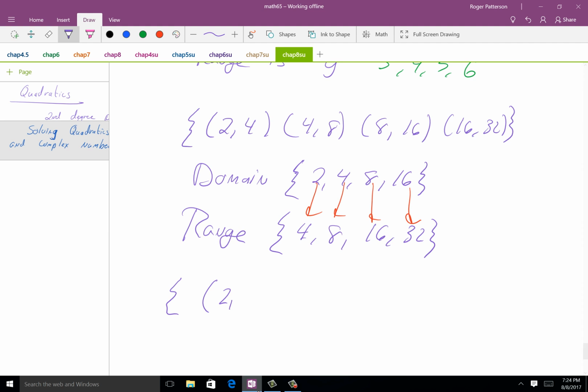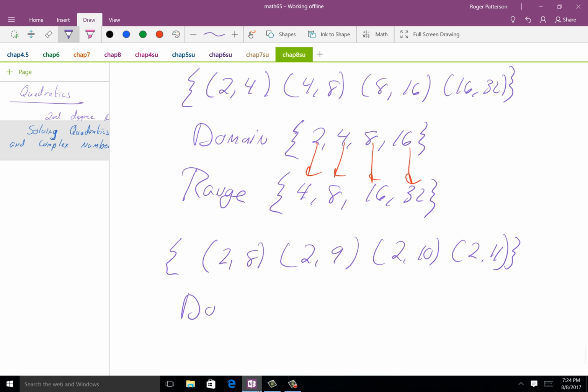Now, 2, 8, 2, 9, 2, 10, 2, 11. Tricky one, what's the domain? What's the x? 2. That's it. 2 every time. That's all there is. Range. What's the range? 8, 9, 10, 11.